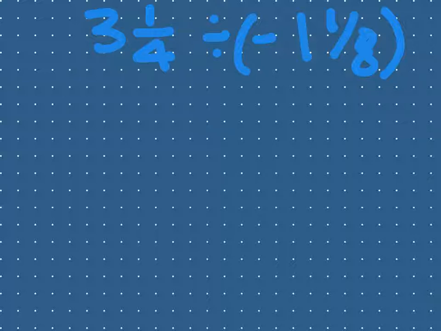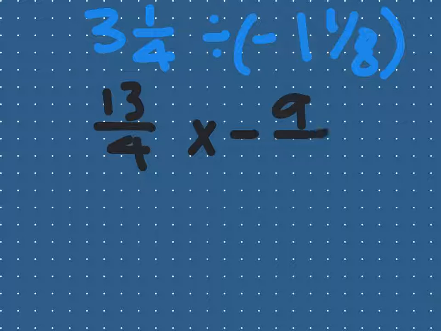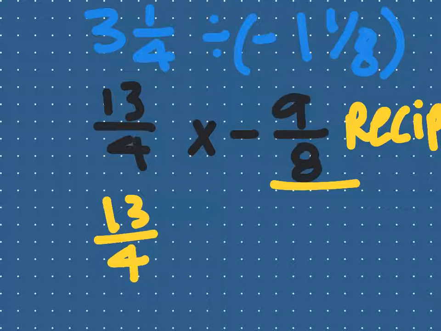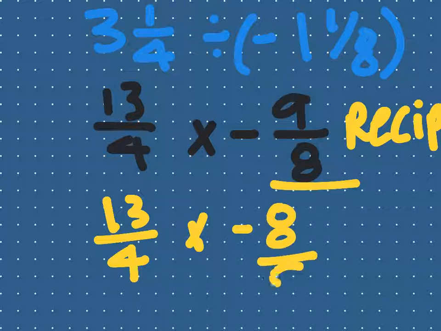First thing that we're going to do is change those mixed numbers into fractions. So now this becomes 13 over 4 times, because it's division, negative 9 over 8. But before we start multiplying, we have to do the reciprocal on this number. So now it becomes 13 over 4 times negative 8 over 9.